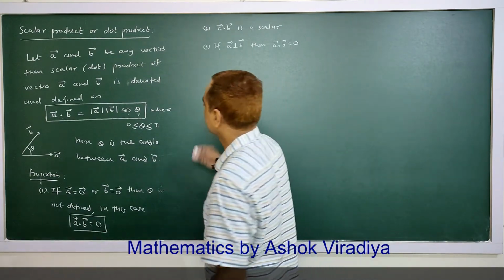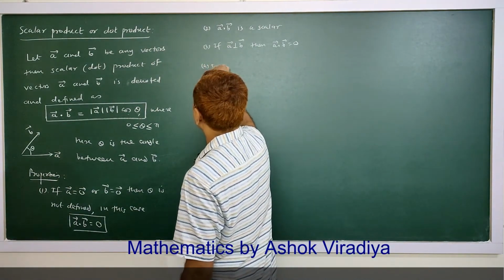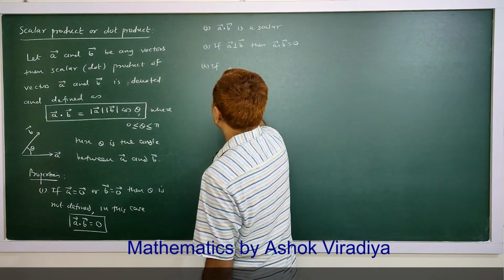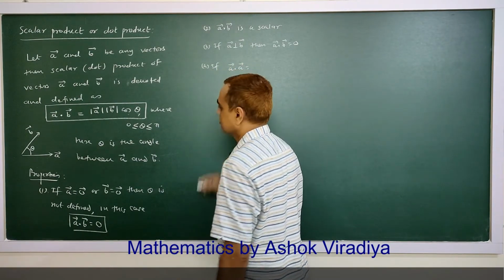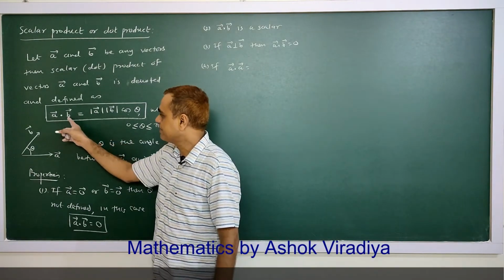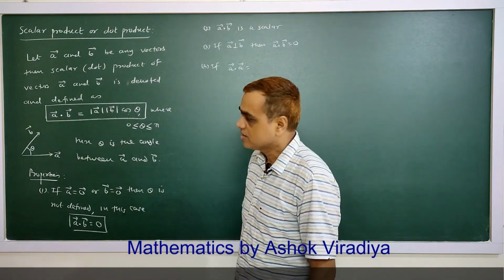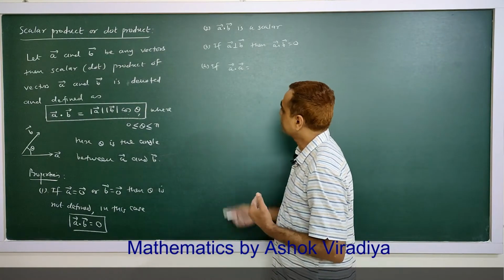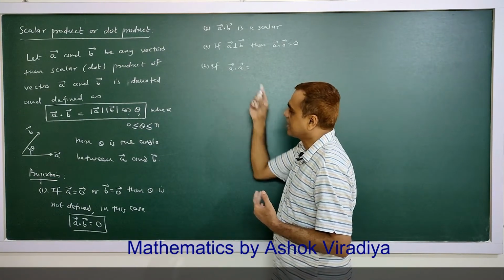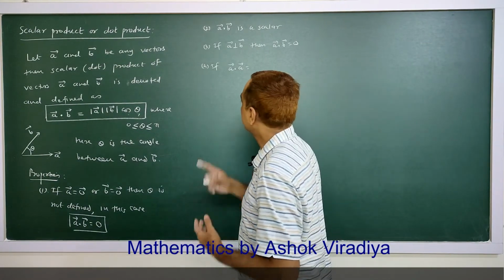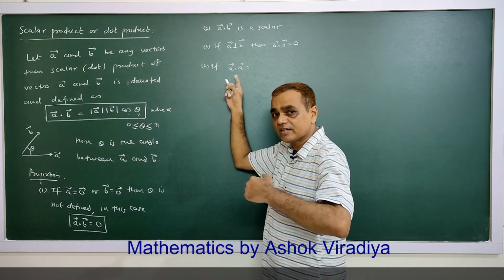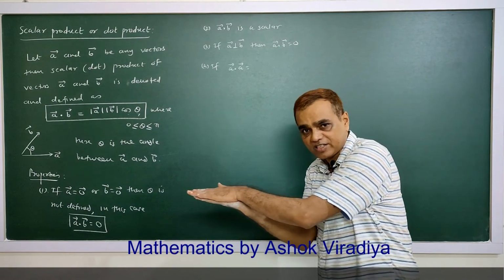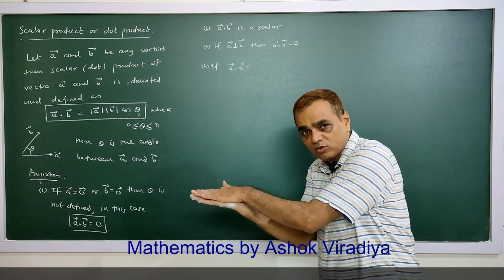And if we take the dot product of a vector with itself, the dot product of A with itself, that means the angle between vector A and vector A, both vectors being the same, is 0.